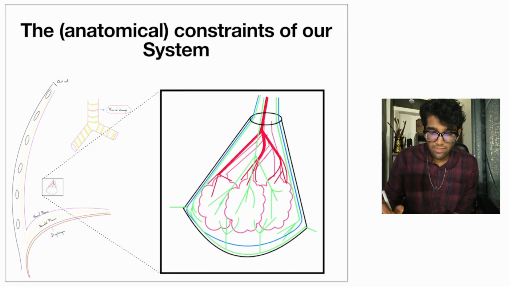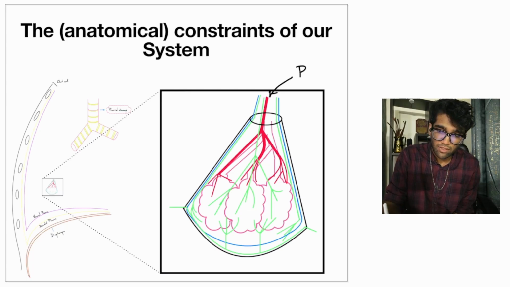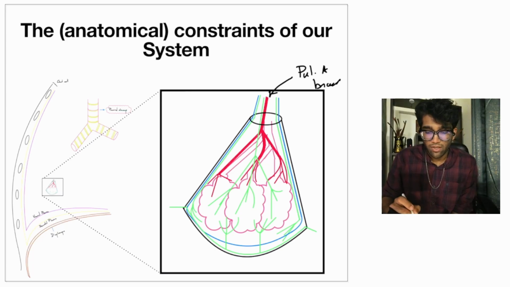As the pulmonary artery branches through various orders of branching into the pulmonary parenchyma, eventually it enters the pulmonary lobule. This red structure here is your pulmonary artery branch. Right next to it is this pink structure, which is behind the pulmonary artery. I'll just highlight it here.